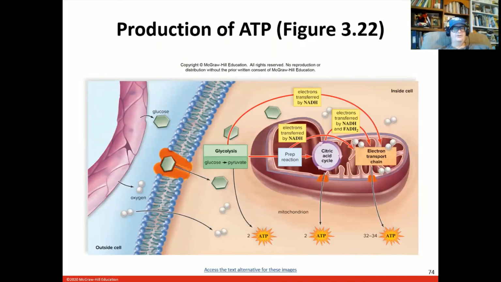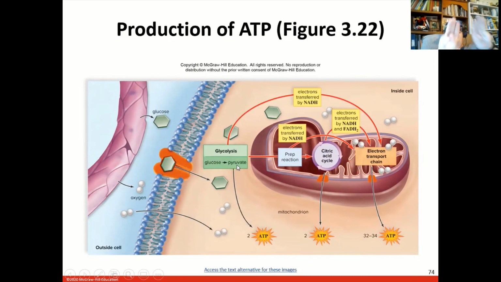All right, so here we have a cell that is bringing in glucose through a transporter. It does glycolysis, taking it from a 6-carbon glucose to 3-carbon pyruvates.